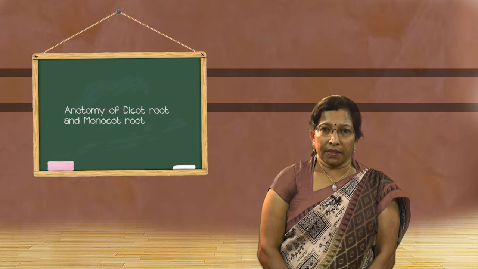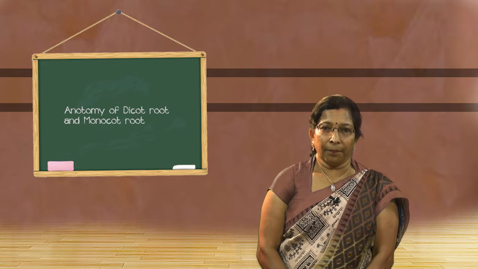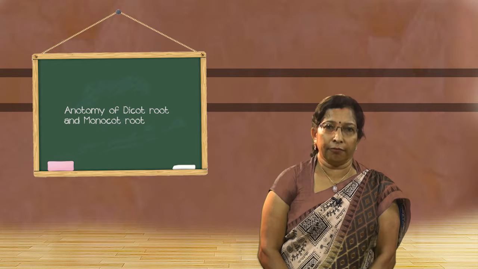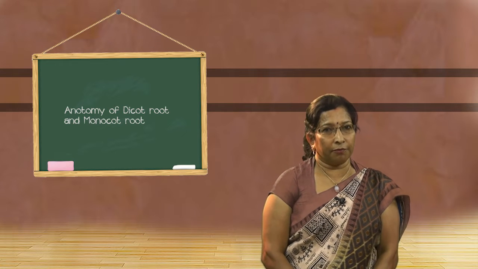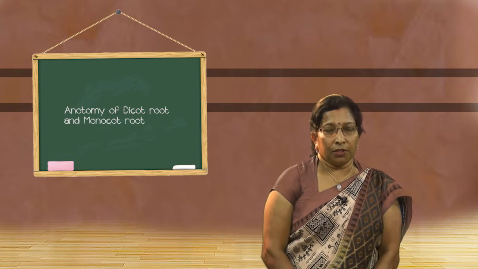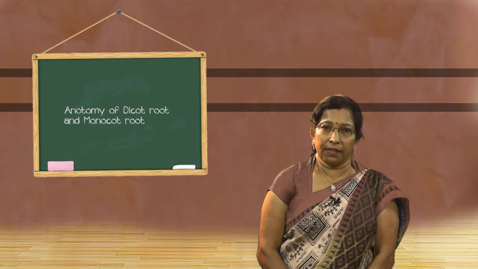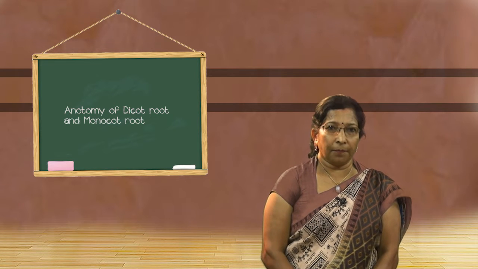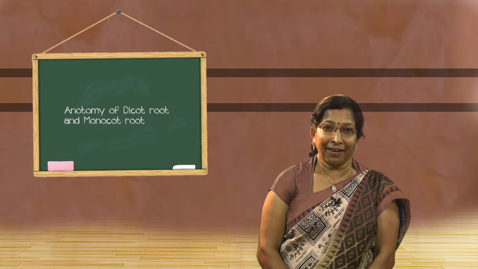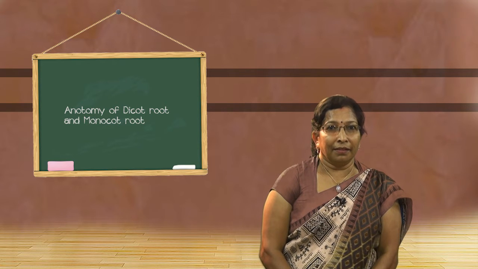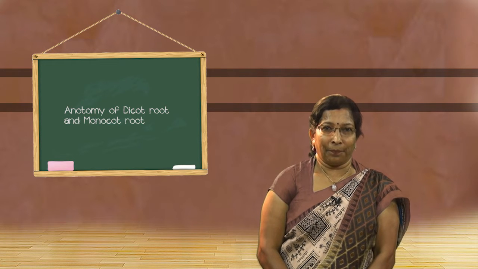In the stele region we can see the arrangement of xylem and phloem. Xylem is the water conducting tissue and phloem is the food conducting tissue. Usually the vascular bundles in Dicot root are defined as radial, exarch, closed, and tetrarch in condition.